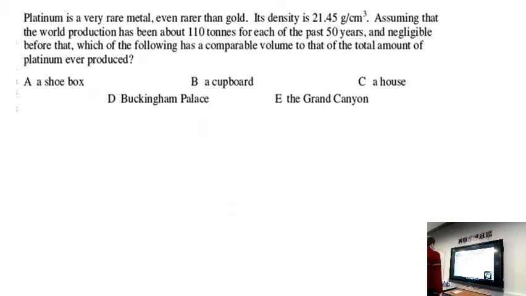Okay, so platinum is a rare metal, even rarer than gold. Its density is 21.45 grams per centimeter cubed. Assuming the bulk production has been about 110 tons for each of the past 50 years, and negligible before that, which of the following has a comparable volume to that of the total amount of platinum ever produced?